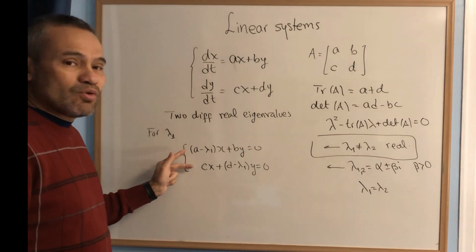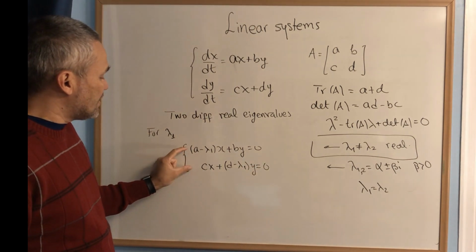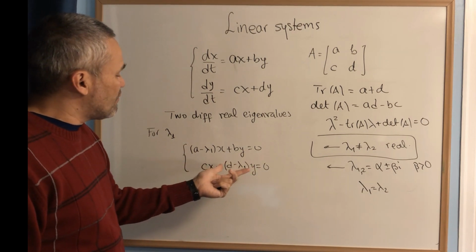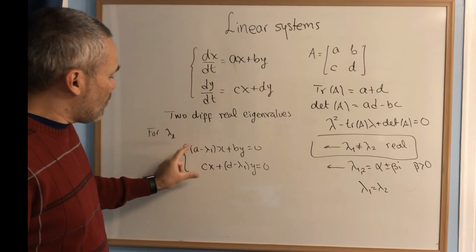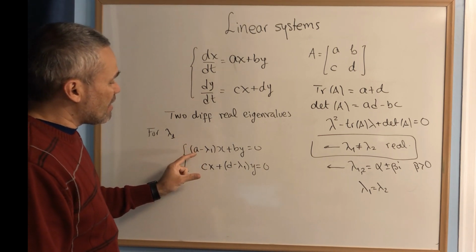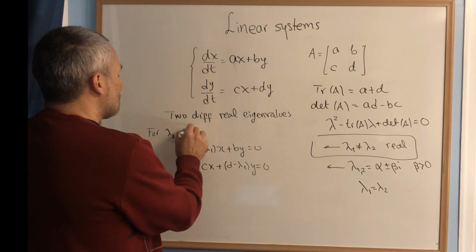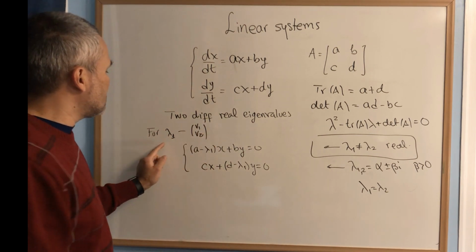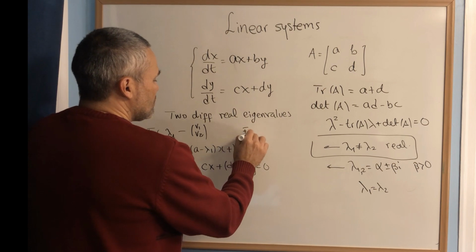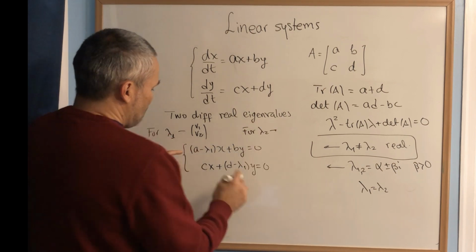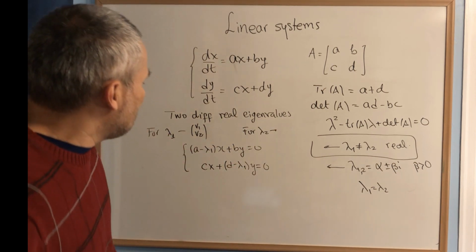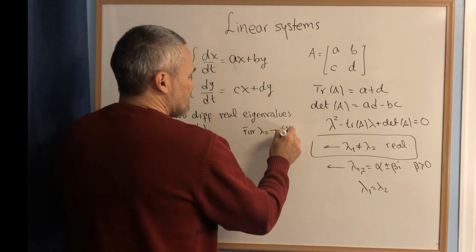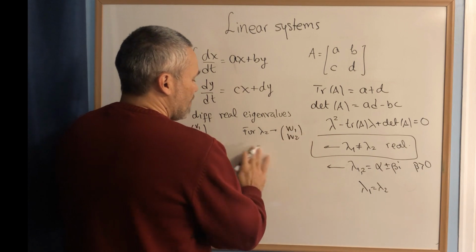It is good to write the two equations, because you will see that these two equations are equivalent, or one of those equations is 0 equals 0. And then we want to find a particular non-zero solution, like v1 and v2. And we do the same for lambda 2. We set up the system, and then we find another eigenvector, which is w1 and w2.